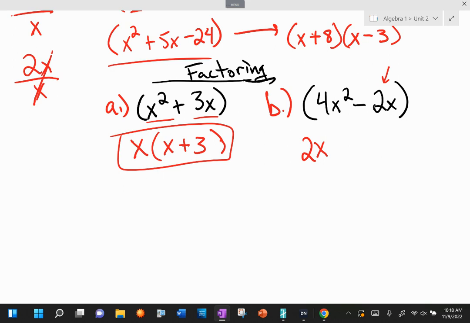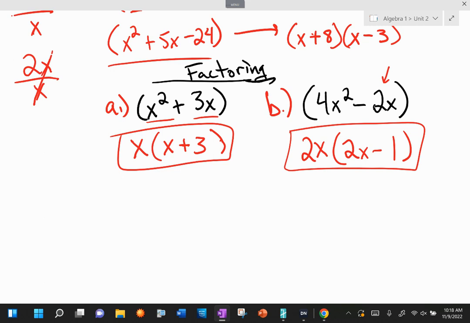So what you want to look for is factors, numbers that you can divide out evenly. I can divide 4 by 2, that gives us 2. I can divide 2 by 2, that gives us 1. So left inside, what's 4 divided by 2? 2. And what's x squared divided by x? x. Minus, what's 2x divided by 2x? 1.